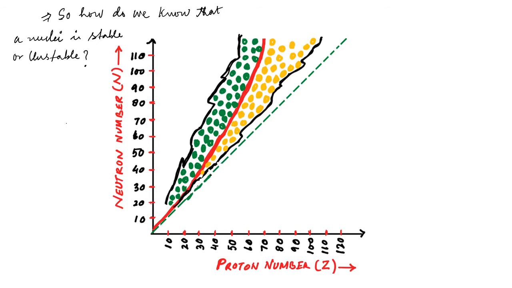We can do this by going to the NZ curve, as I have already discussed in my lectures. You can go to my lecture on the NZ curve. So we look at the position of the nucleus on the NZ curve.